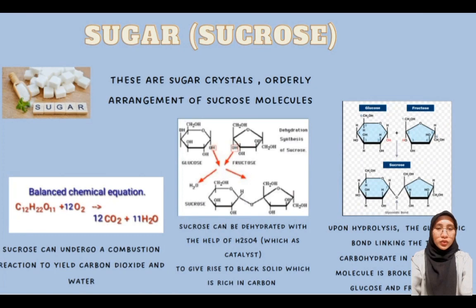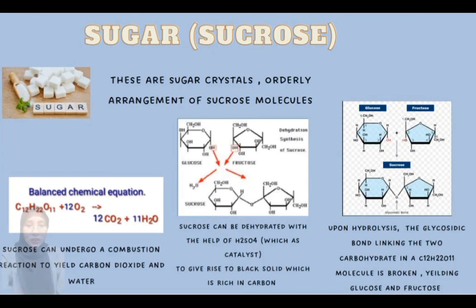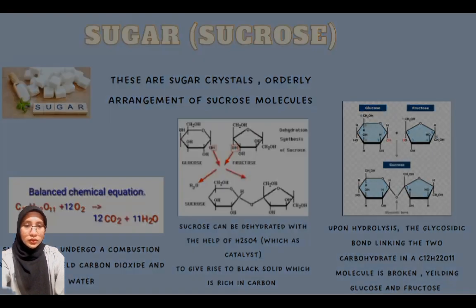Second, sucrose can be dehydrated with the help of H2SO4, which acts as a catalyst, to give rise to a black solid which is rich in carbon. Third, upon hydrolysis, the glycosidic bond linking the two carbohydrates in a C12H22O11 molecule is broken, yielding glucose and fructose.